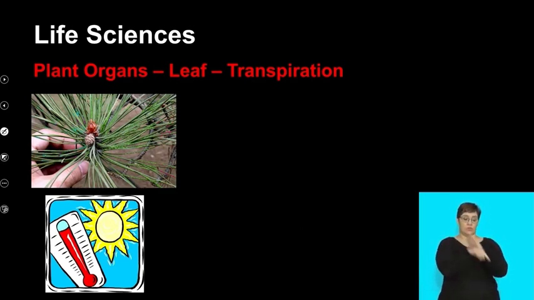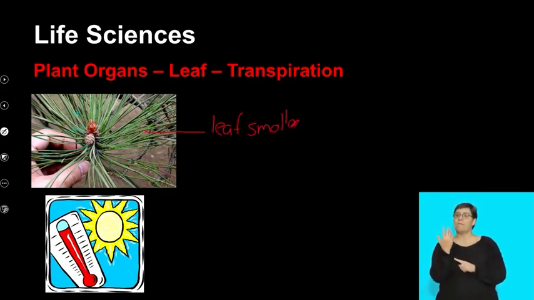Now, if you have a look at this diagram over here, some of you might recognize it. It's a pine leaf, and pine leaves stay in really dry areas. So look what I do. When I make my leaf smaller, what does my plant do? It decreases transpiration.